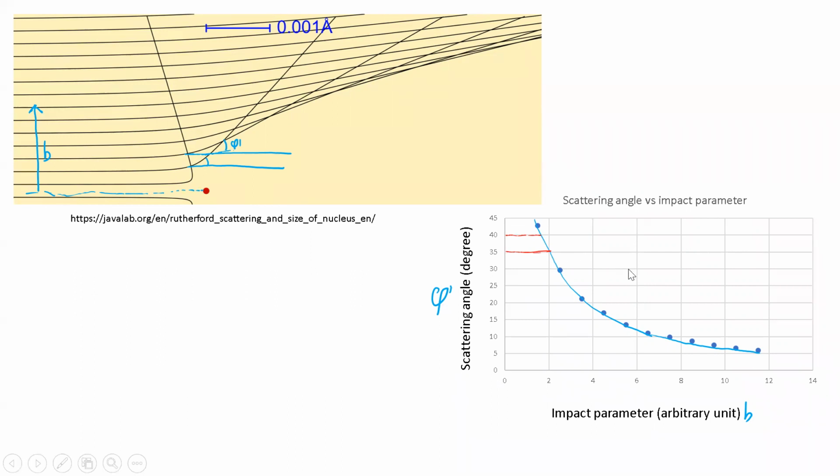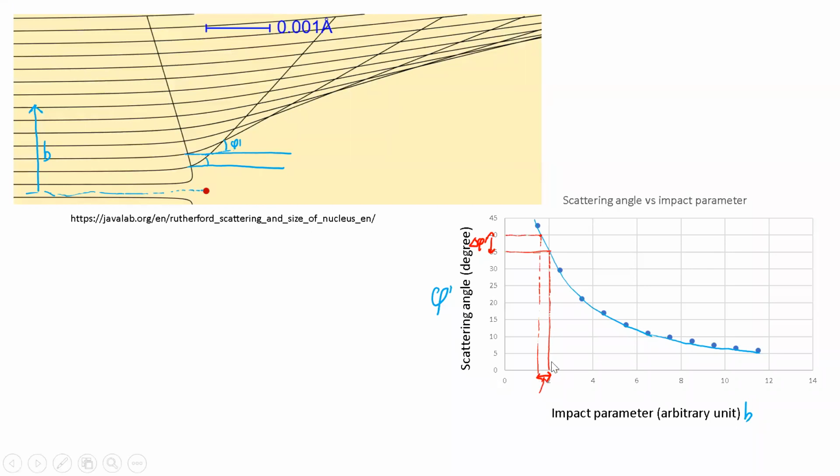Right, so that is not difficult from this plot. You just need to take this point and draw the vertical line down to the x-axis, and this one also down to the x-axis. So if I want to go within this delta phi prime, then the range of impact parameter I'm allowed to have is over here.